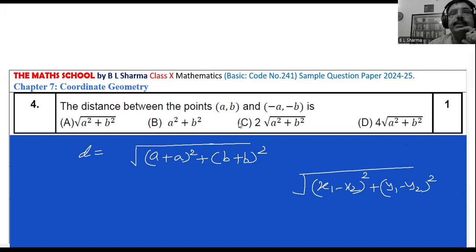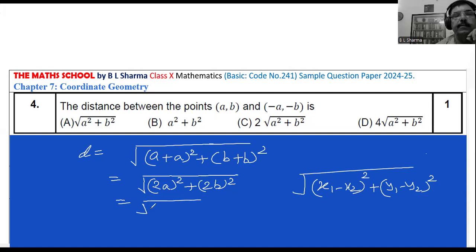Here x1 is a, and x2 is minus a. You can also write x2 minus x1 whole square, but it doesn't change our answer. And y1 minus y2 means b, when we take its negative, it becomes plus b. So (a plus a) whole square plus (b plus b) whole square. Further simplification: 2a whole square, 2b whole square.